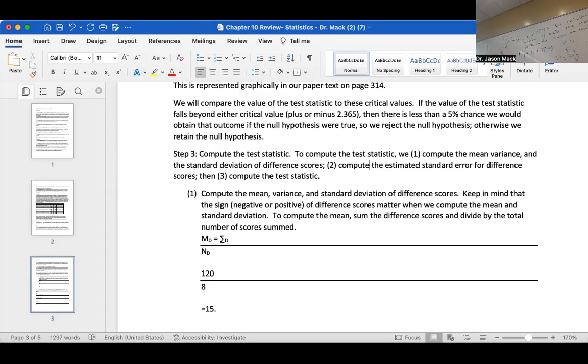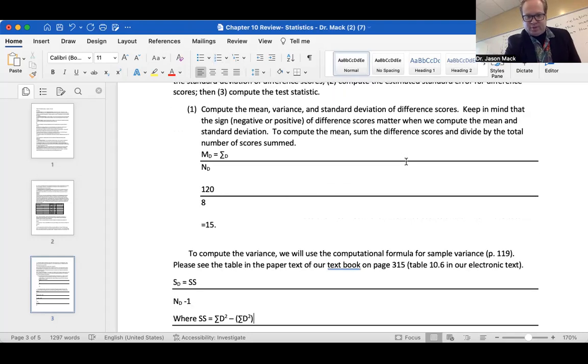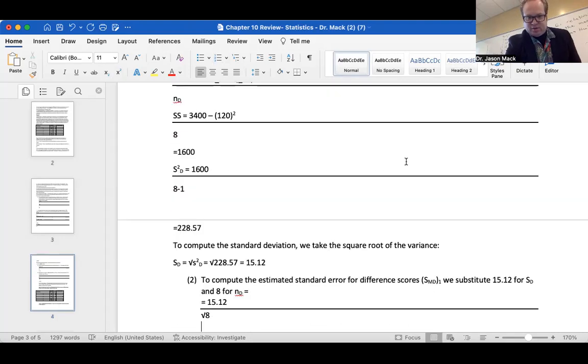To compute the estimated standard error for the difference in scores, we substitute 15.12 for the standard deviation. 15.12 divided by the square root of 8 is 5.35. I'll just scroll so that everybody can see this on Zoom.